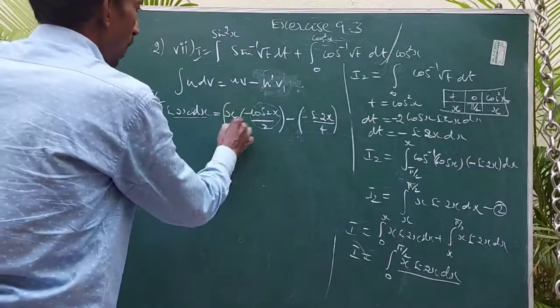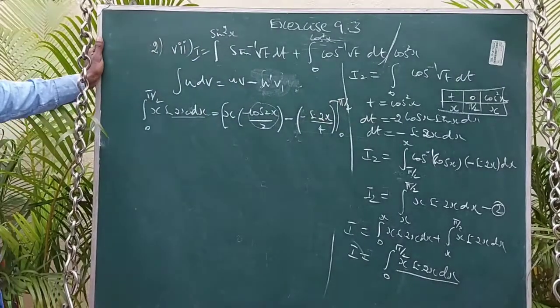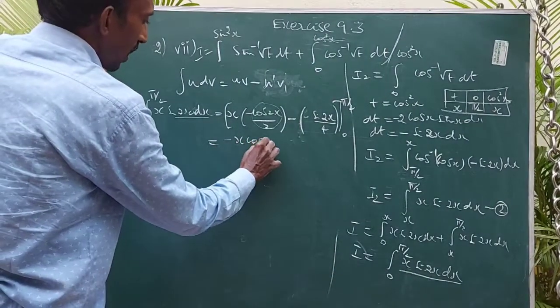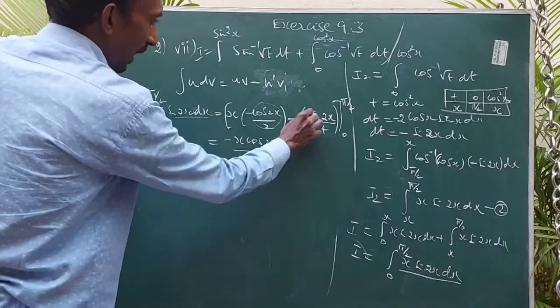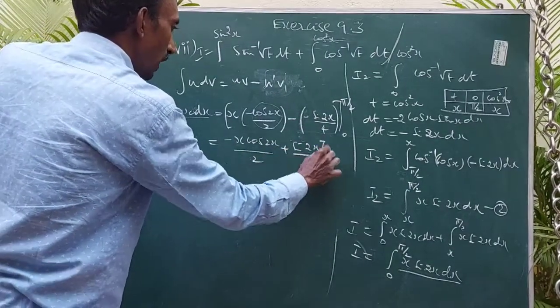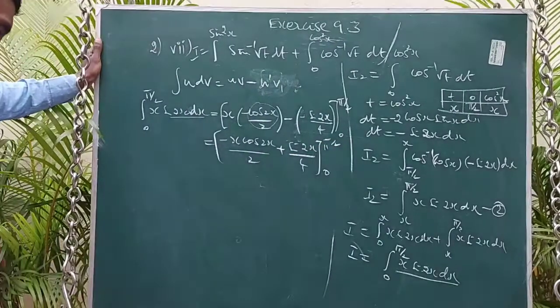Now we have to apply the limit 0 to pi by 2. If you apply Bernoulli's formula we are getting minus x cos 2x by 2, minus into minus plus sin 2x by 4, from 0 to pi by 2. Now apply the limit.